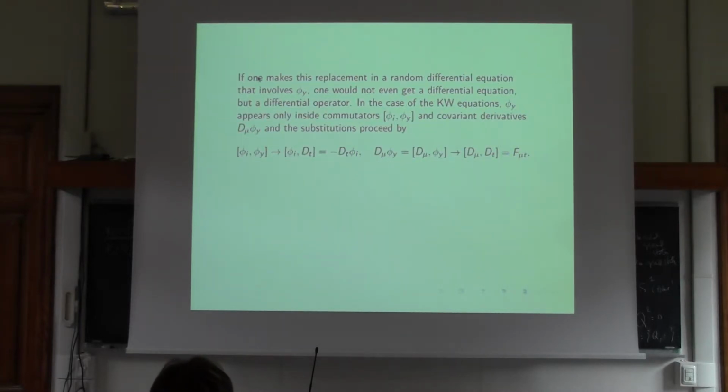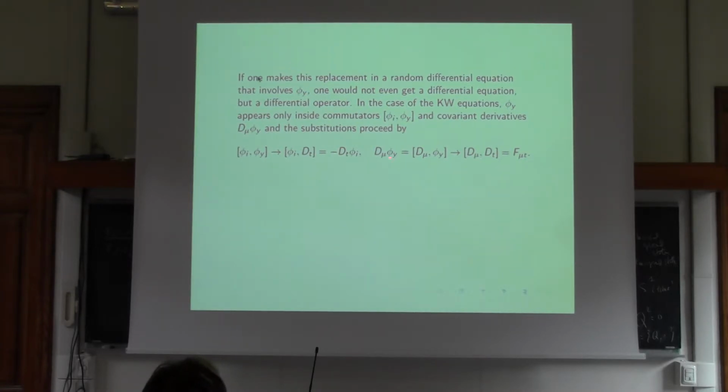Now, if you took a random differential equation involving phi y, this procedure would give you a differential operator, not a differential equation. But in the case of the KW equations, phi y only appears inside commutators and covariant derivatives. And the substitutions proceed as I've written here. A commutator with phi y becomes a commutator of d/dt with phi I, and that's a covariant derivative.